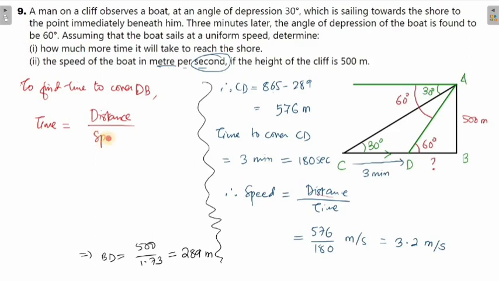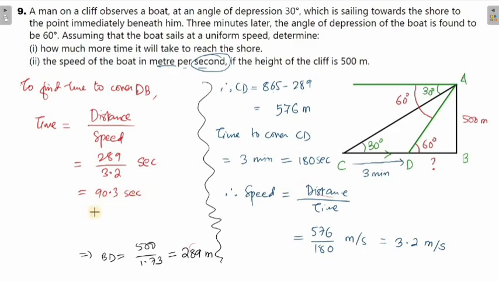Now what is distance? What is DB? DB is 289, isn't it? So it is 289 by speed. Speed is 3.2, right? So time will be in seconds, remember. When you simplify 289 divided by 3.2, you get around 90.3 seconds.